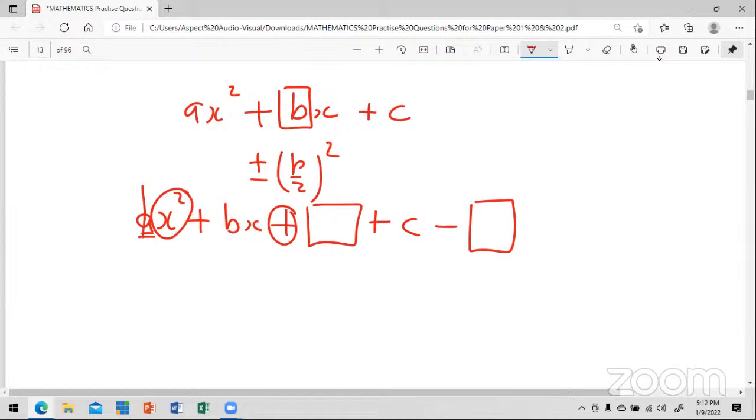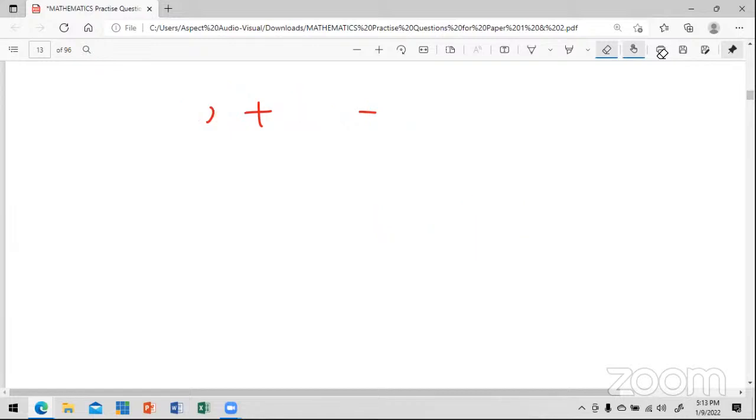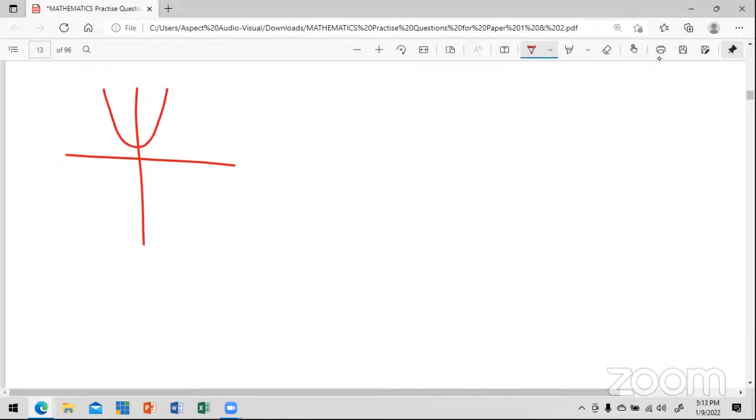Are we together? Luis, maybe whilst we are here, you can ask your question. Sir, when you're getting the turning point, what helps you identify whether it's a minimum or a maximum? Okay, very good question. If you look at the structure of your graph, it's going to bring us back to the graph thing I want to explain. If you have a quadratic, let's do it in a different color.